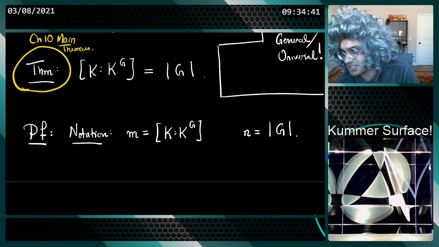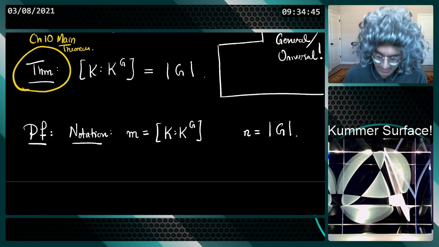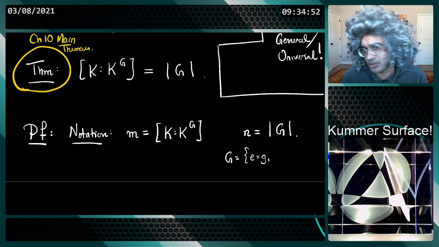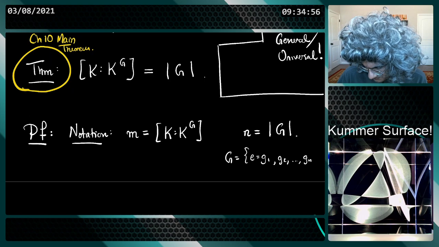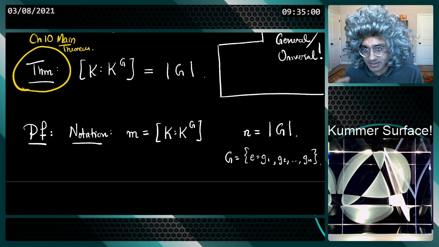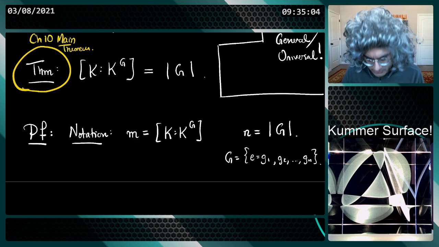We'll list the elements of the group like this. The first element will be the identity, call it G sub 1, and then G sub 2, up to G sub n. Remember, each of these are field automorphisms of K. In particular, they are monomorphisms from K back into itself.